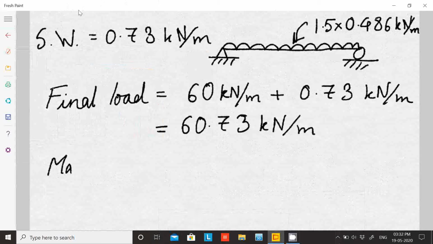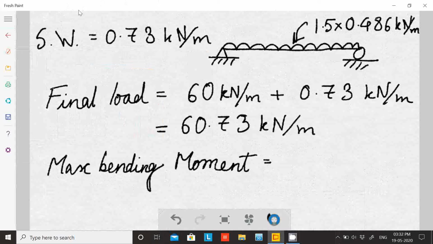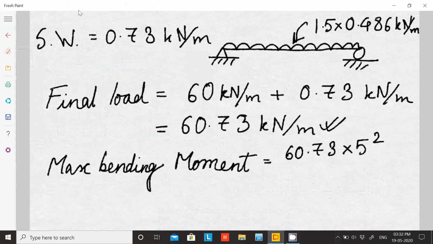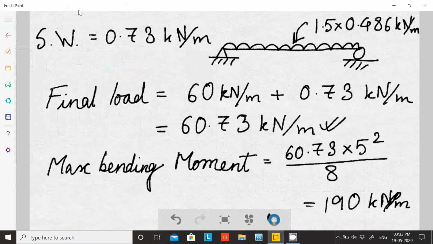And now the bending moment will change, isn't it? The maximum bending moment previously was 187.5, isn't it? But when the load increased by 0.73, it will be 60.73 into 5 square by 8, that is WL square by 8, isn't it? So you will get almost 190 kilonewton meter bending moment.